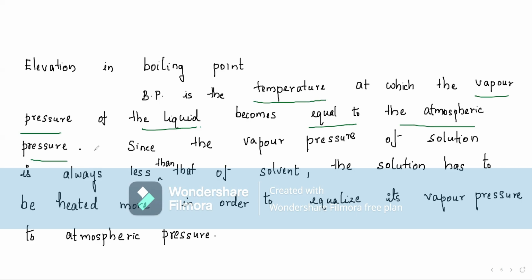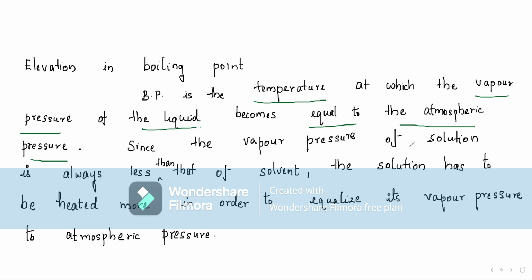When the vapor pressure of a liquid becomes equal to the atmospheric pressure, that liquid will start to boil. That temperature is called the boiling point of the liquid.